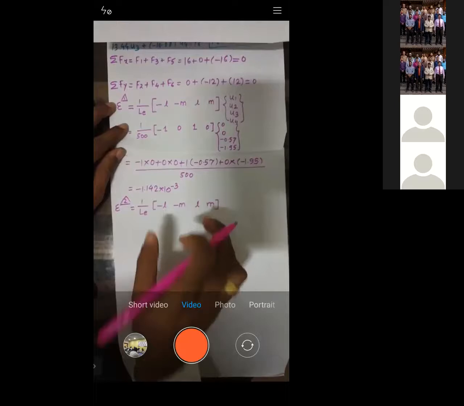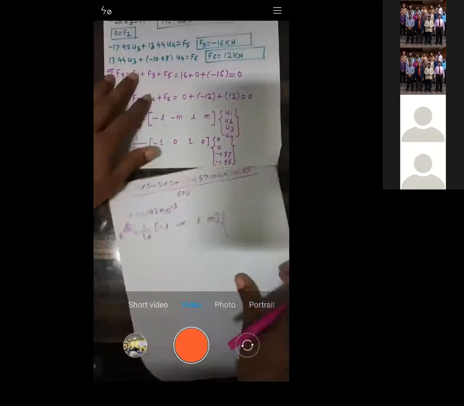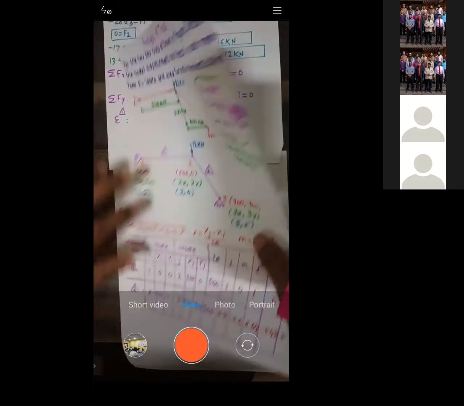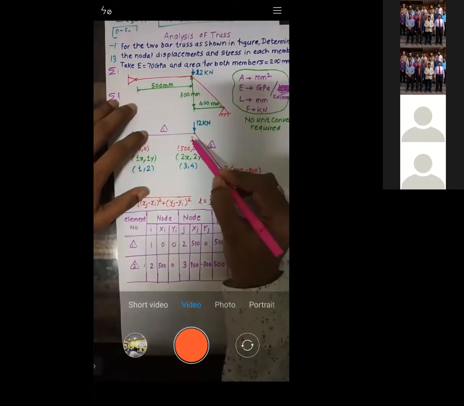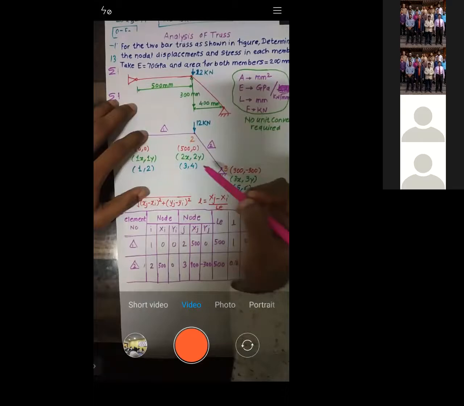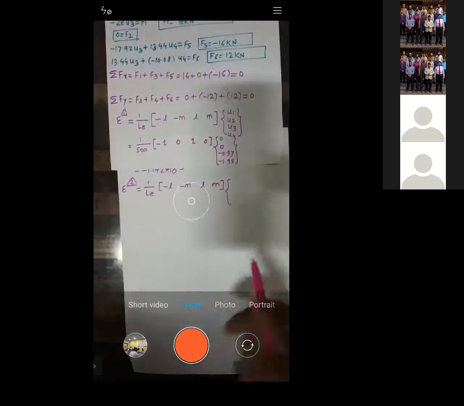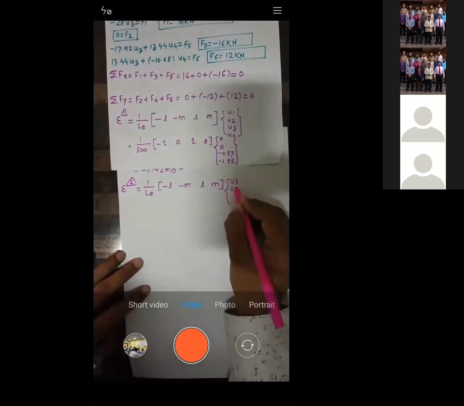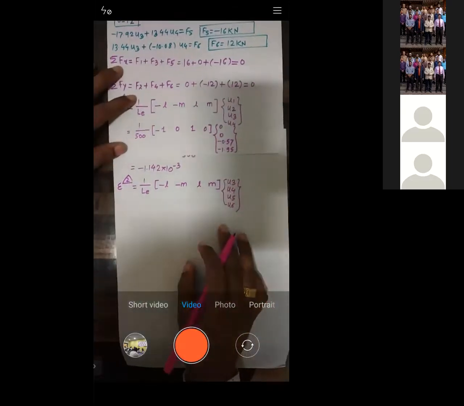If you see the diagram, element number 2 is between node 2 and 3. For node number 2, degrees of freedom are 3, 4, and for node number 3, they are 5, 6. Accordingly, we will write U3, U4, U5, U6. These are the degrees of freedom.